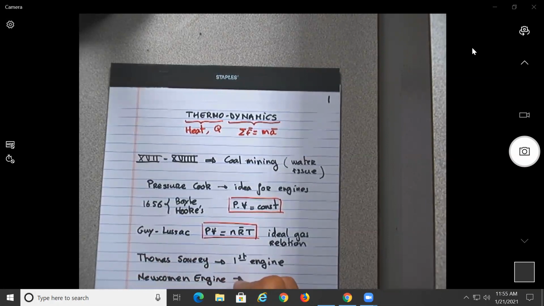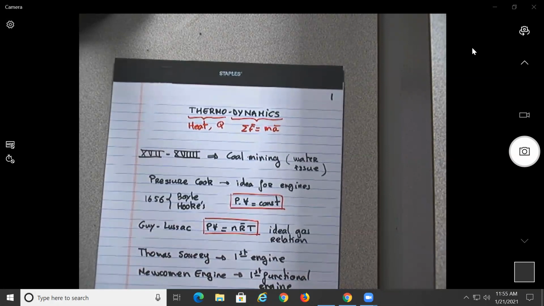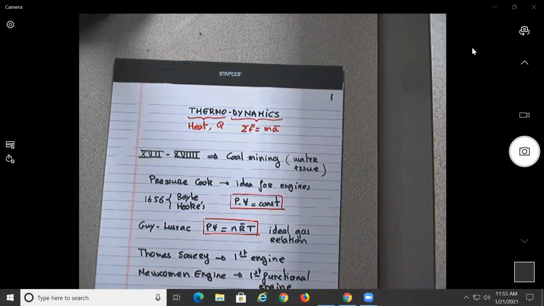This one was really the first functional engine. Then Watt, the same guy as for the units, also developed an engine. Okay, so this is for the engines.